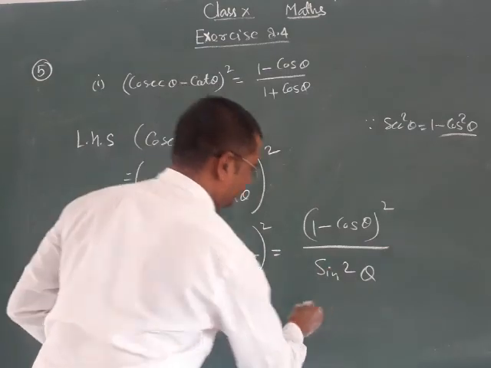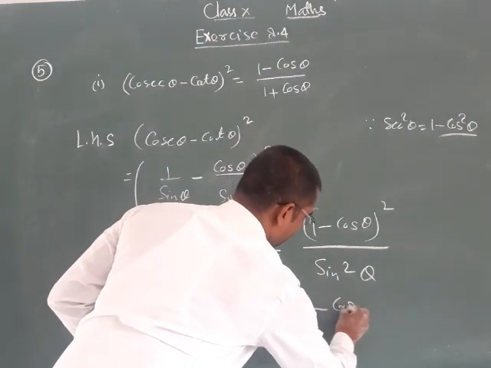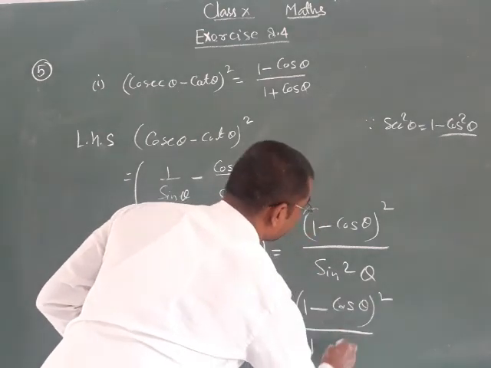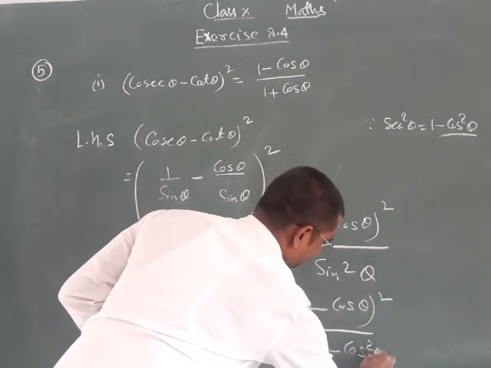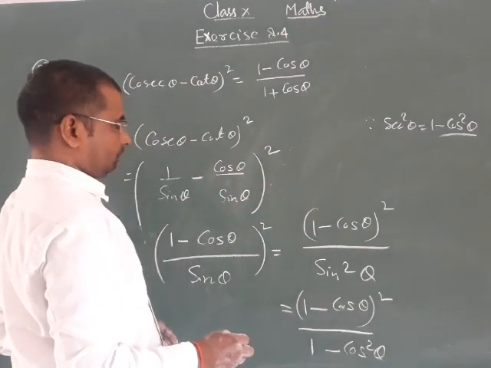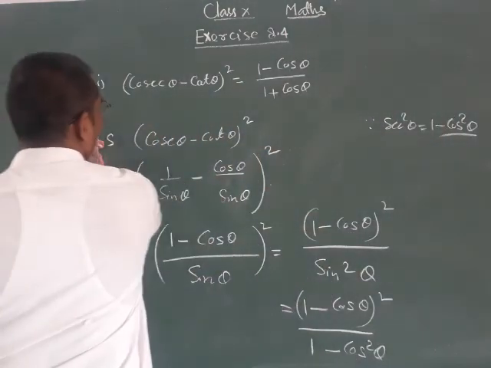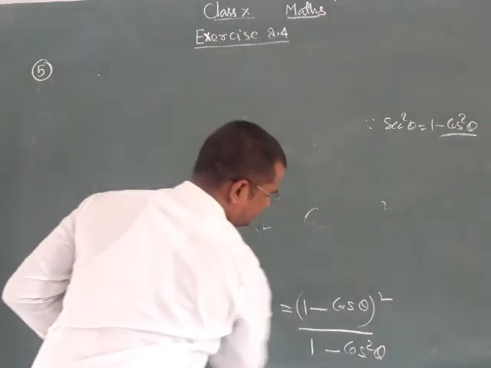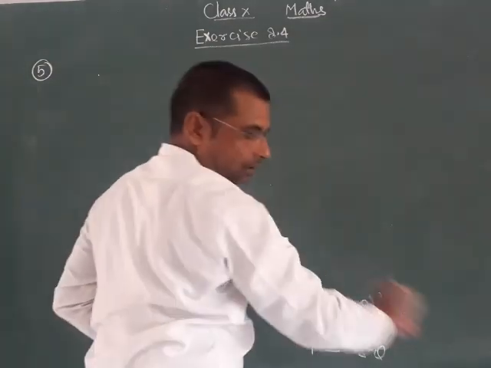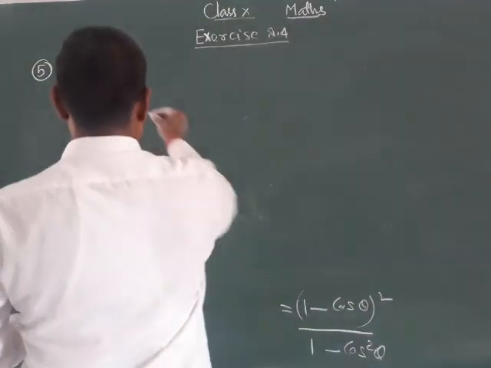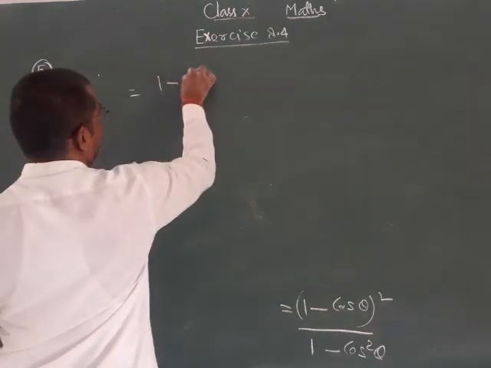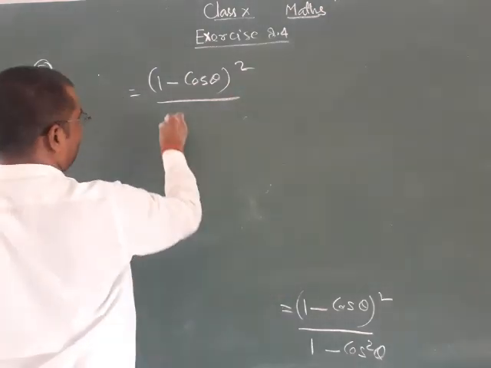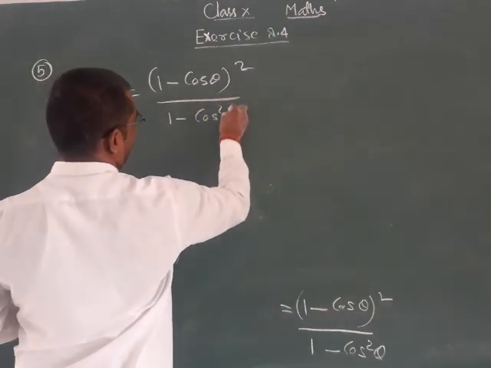So you can also write (1 minus cos theta) whole square upon 1 minus cos square theta.